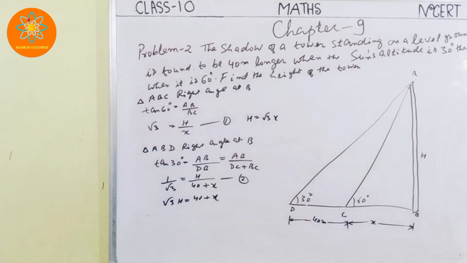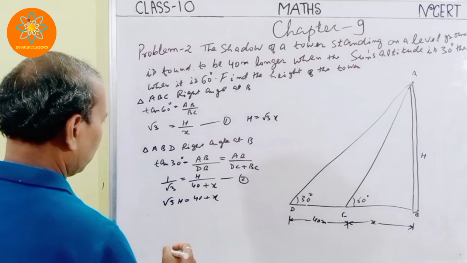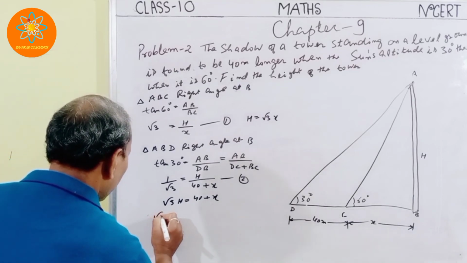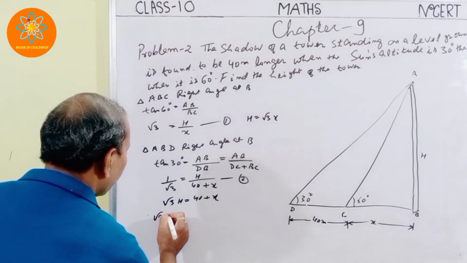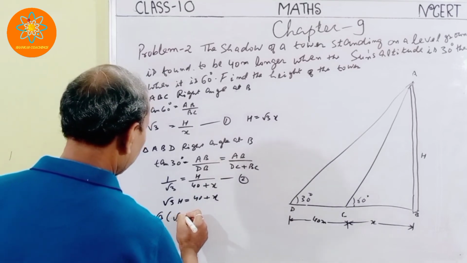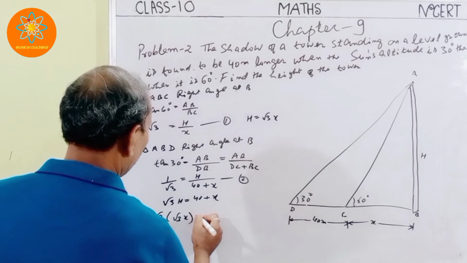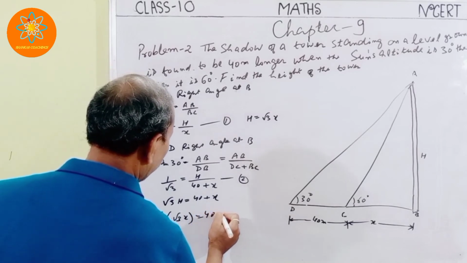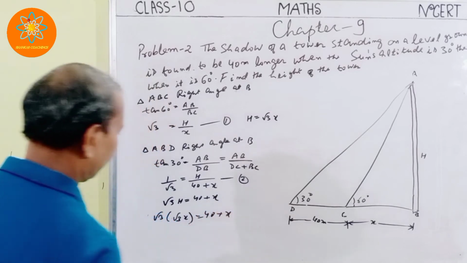The value of h is root 3x, so root 3 into root 3x is equal to 40 plus x.